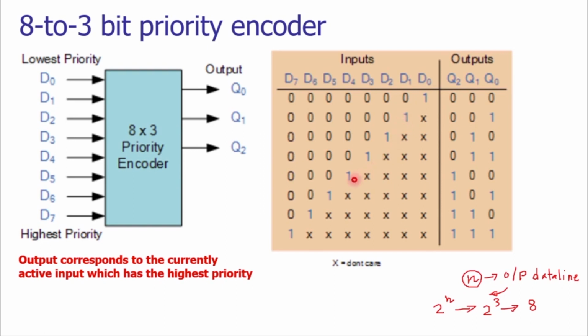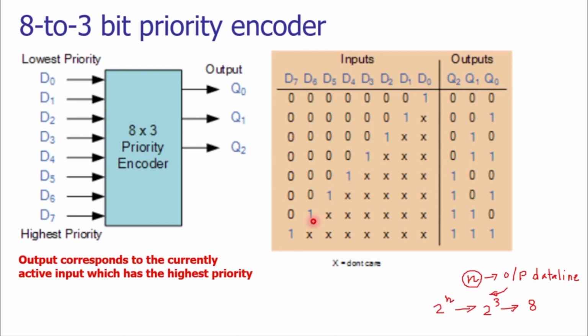If in certain case the data line 4 is showing the high level input, that is 1, then though there are high inputs at D3, D2, D1, D0, all these would be neglected. They would be crossed. We are not considering them for the conversion application.